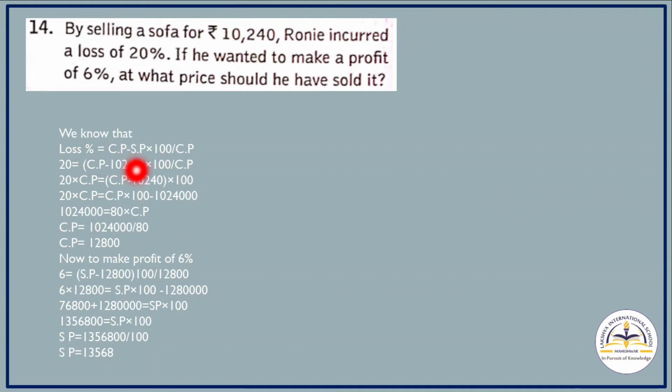So we will apply the loss percent formula and we will find out the cost price, that will be 12,800. And you can see he wanted to make the profit of 6%, so we have to apply the profit percentage formula and find out the selling price using the same.